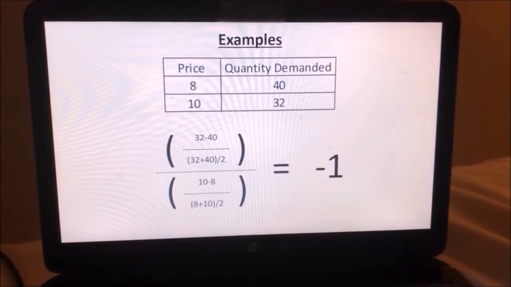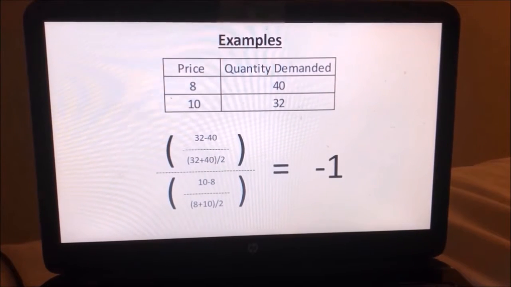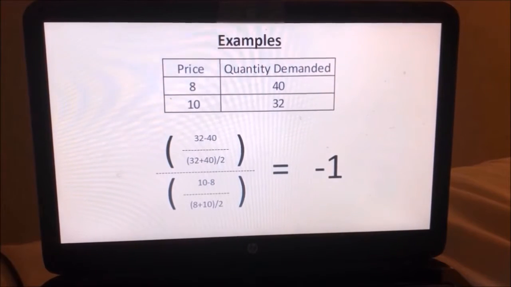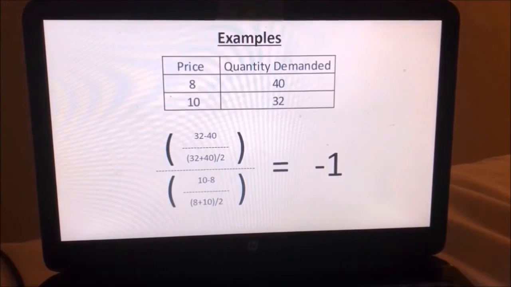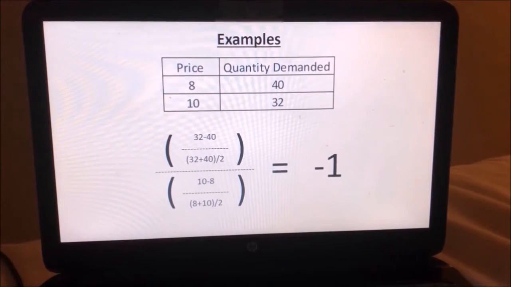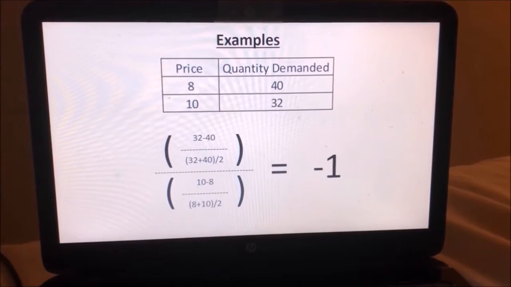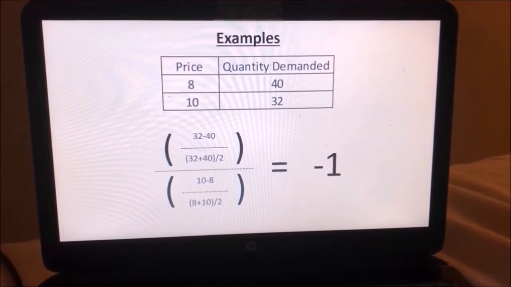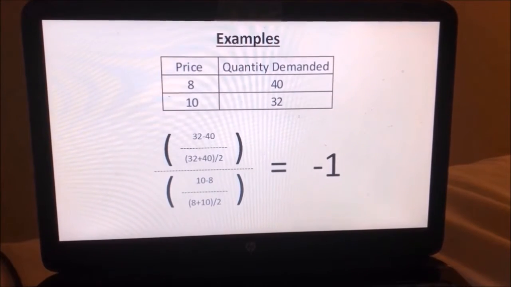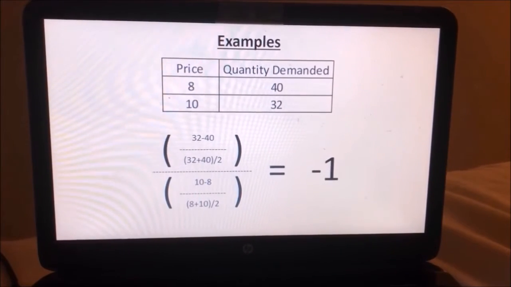So to find the elasticity, we're going to do quantity demanded after minus the quantity demanded before, 32 minus 40, over the quantity demanded before and after added up divided by 2. Then we do the price after minus the price before over the price before and after added up divided by 2. This gives us an elasticity of -1.